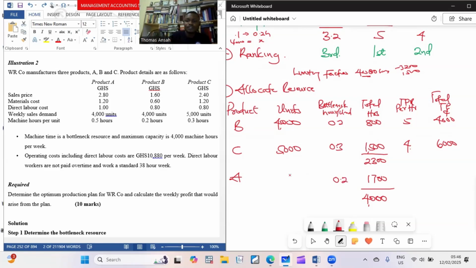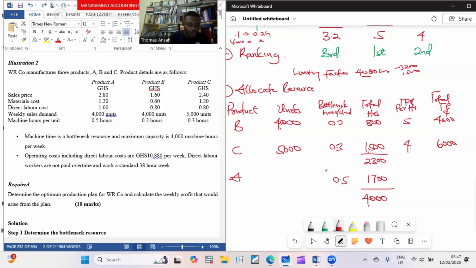If you do the multiply or divide concept, from here to here was multiplication, so the reverse will be a division. Is that not it? So if I take the remaining hours and divide by 0.2, it is 0.5 rather. So that A is 0.5.